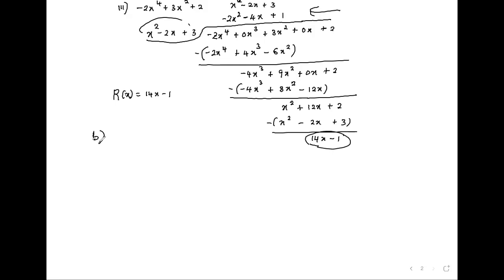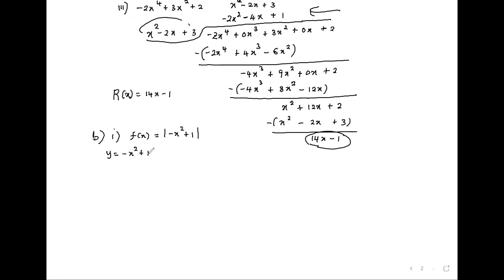B part 1 says, sketch the graph of f of x equal to minus x^2 plus 1, showing where the graph cuts the axis, if any. So what we do is, we first sketch the quadratic minus x^2 plus 1.